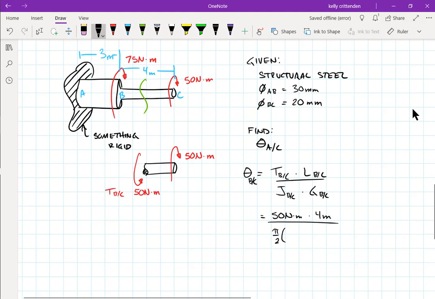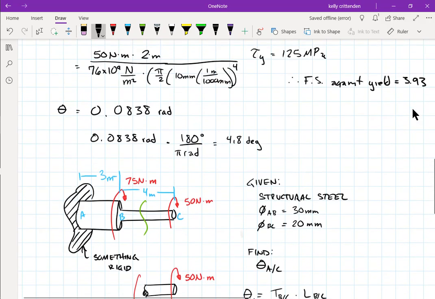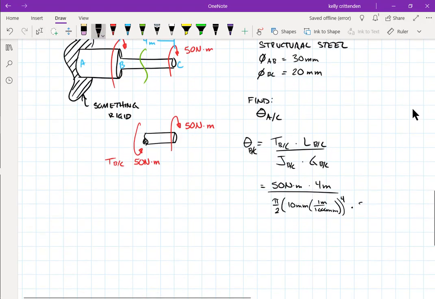It has a radius, I wrote it down in the given, I didn't write it on the picture, of 20 millimeters, so 20, oh, that's the diameter though, so 10 millimeter radius. And then we'll convert it over to meters. And then the modulus of elasticity was that same number, 76 gigapascals. I like using the base units versus converting things to maybe millimeters or whatever.